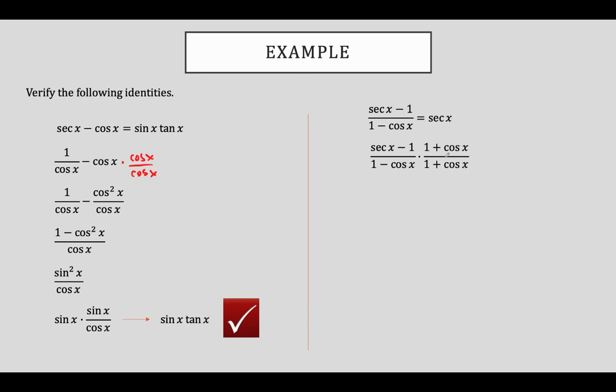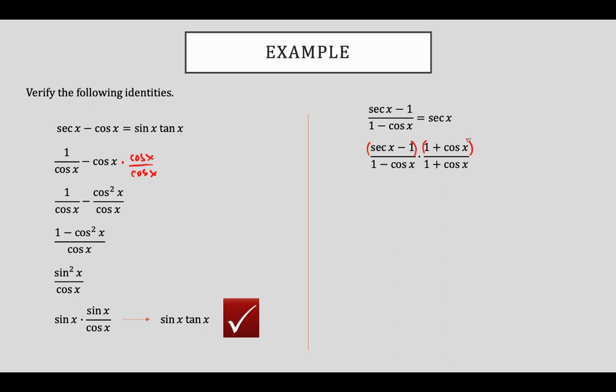Now, remember, when we're multiplying binomials, we're going to have to use the distributive property of multiplication, which means we are going to have to FOIL. Well, in my numerator, my first terms, I get 1 times secant x, that's secant x. Times cosine x for my outer terms. Well, secant x and cosine x are reciprocals of each other.